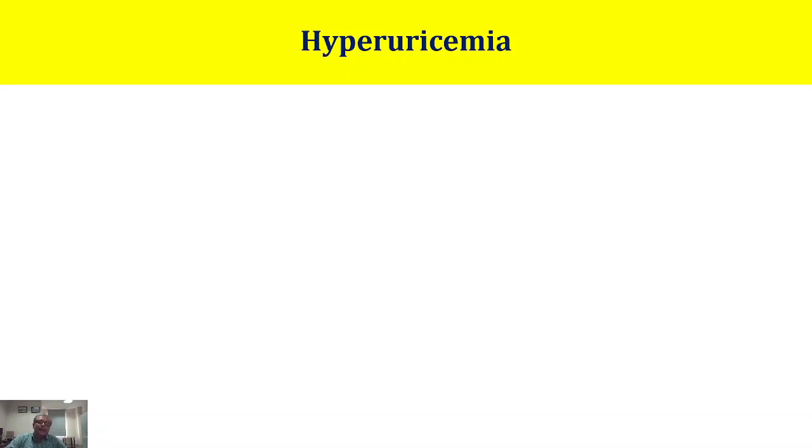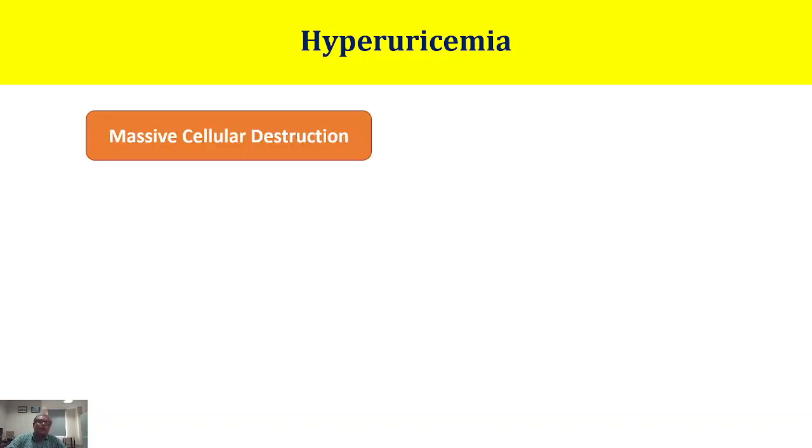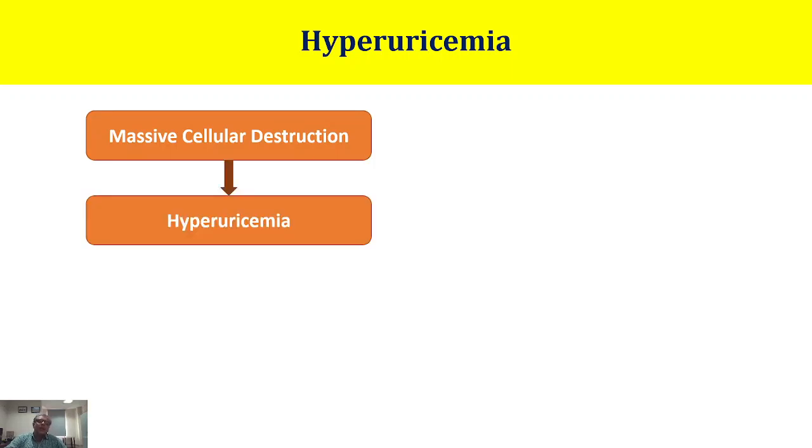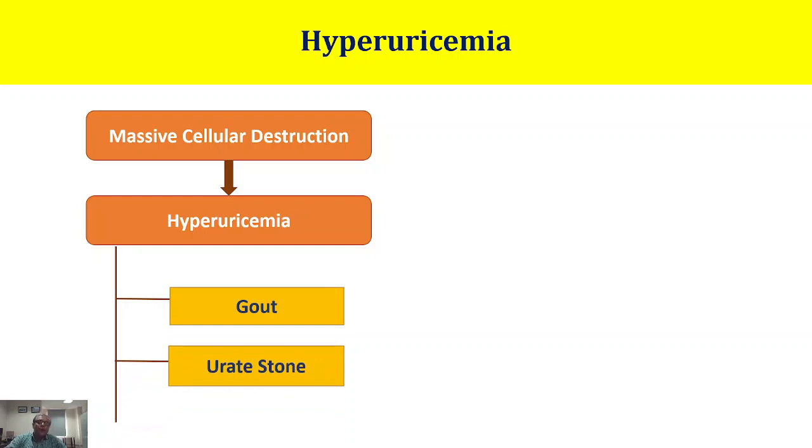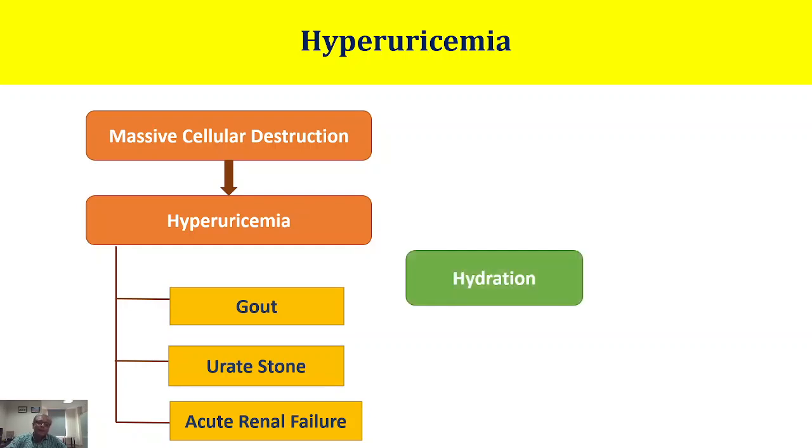Then next, in cancer chemotherapy, as I told you, these agents kill the rapidly multiplying cells, and because of this there is a massive cellular destruction, and this will lead to hyperuricemia, and this hyperuricemia will be reflected in gout, an increased occurrence of urate stones, and it may also lead to acute renal failure, and this can be prevented or treated by hydration.